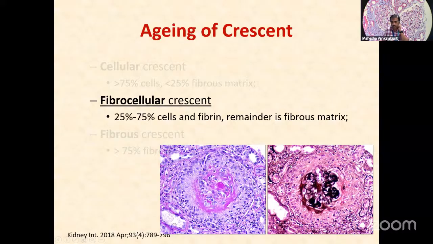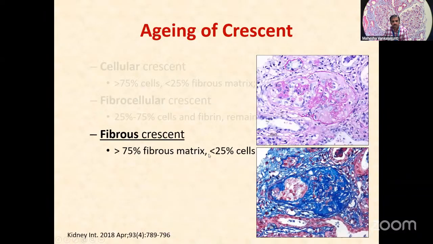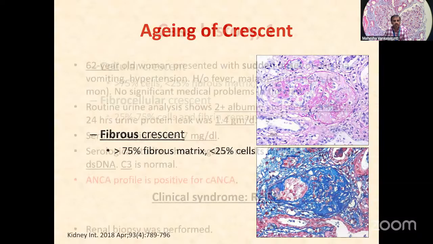And you can also point out that there is hardly any Bowman's capsule surrounding this, that being completely destroyed. So in the fibrous crescent, the dominant composition of the crescent is that of a fibrous element or the matrix material with hardly any cells or nuclei entangled in the matrix.